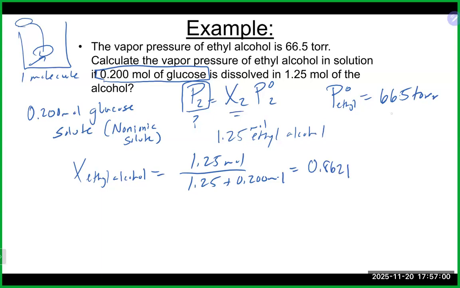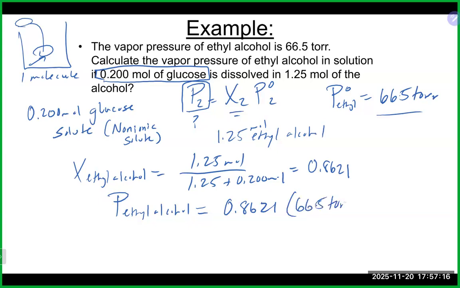That's our mole fraction. So now our vapor pressure of our ethyl alcohol should be 0.8621, basically 86% of what it normally is, times 66.5 torr, which is our normal vapor pressure. So times that by 66.5, and we end up with 57.3 torr here. This is vapor pressure lowering.